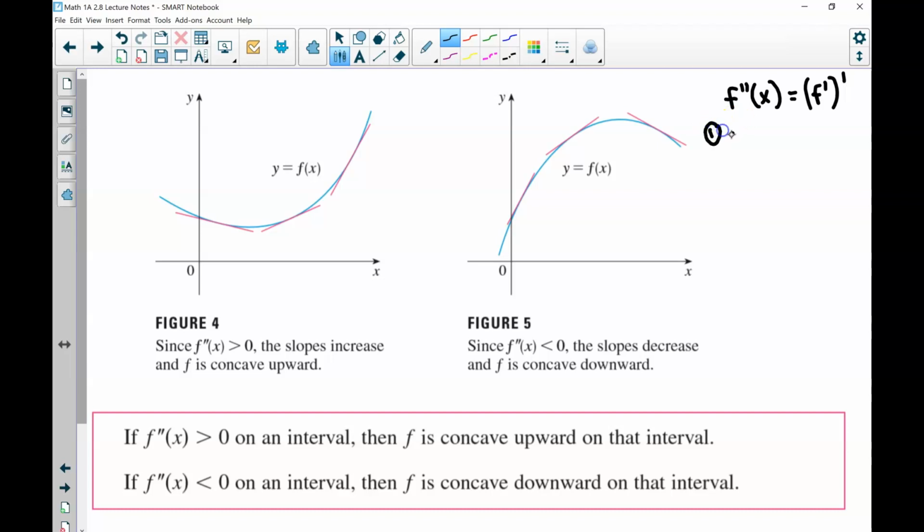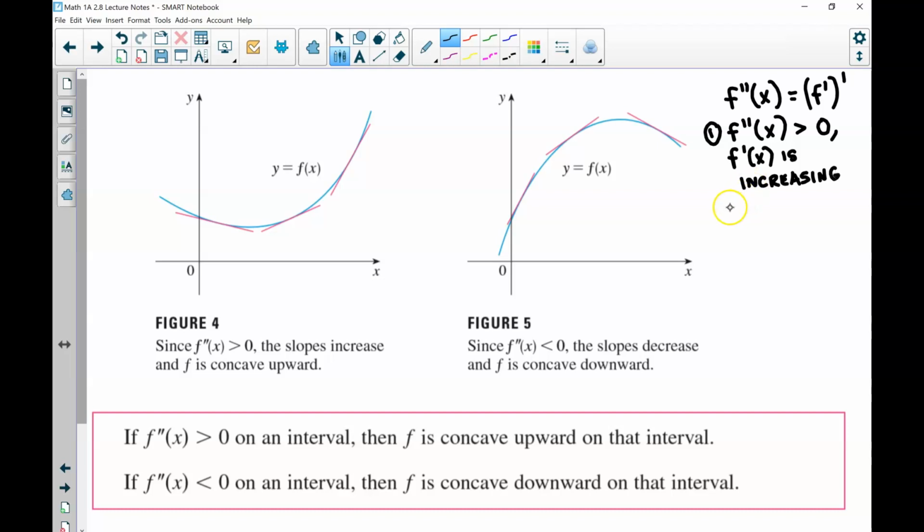So we're going to know that f double prime of x is positive, or greater than 0, when f prime of x is increasing. Now this says that the slopes of the tangent lines of the curve y equals f of x increase from left to right.